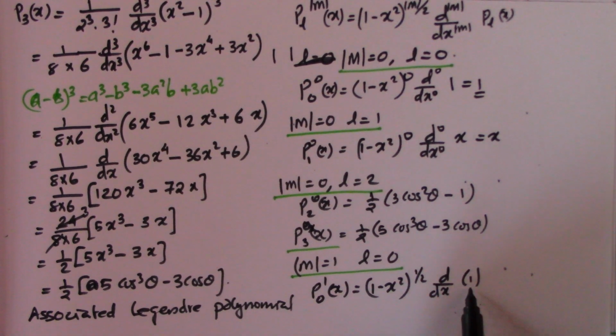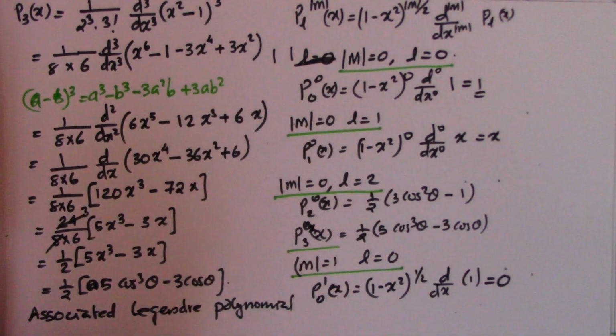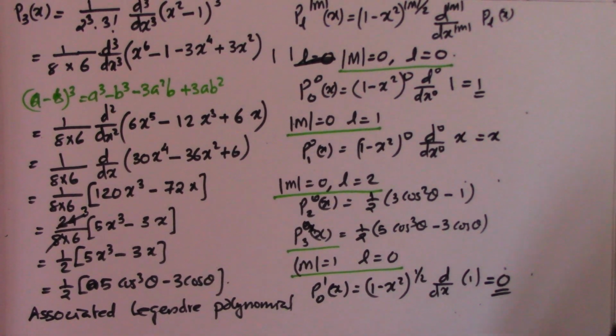So d by dx of a constant is equal to 0, therefore this one will be equal to 0. So P_0^1(x), for m is equal to 1 and L is equal to 0, will be equal to 0. This is very important. We will come back to that later.